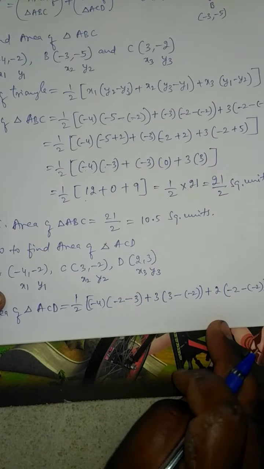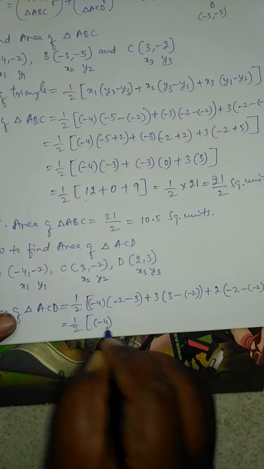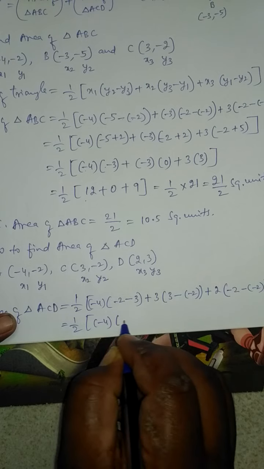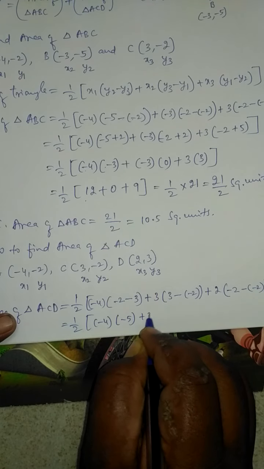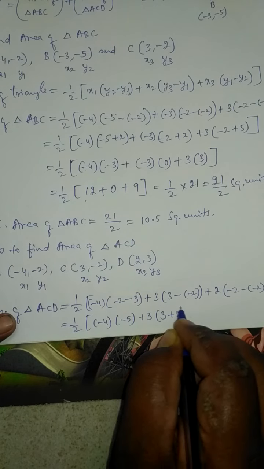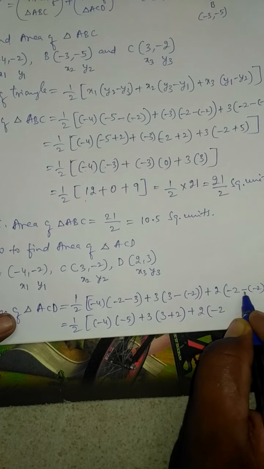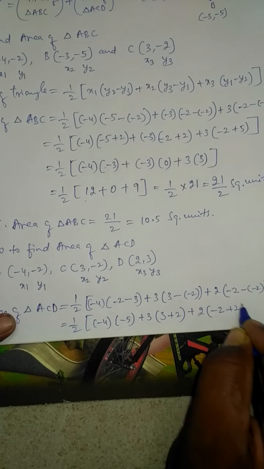So now we have to simplify this. What happens, half into minus 4 into minus 2 minus 3 is minus 5, plus 3 into, this 3 I wrote as it is, minus into minus plus 2, plus 2 into minus 2, minus into minus plus 2.